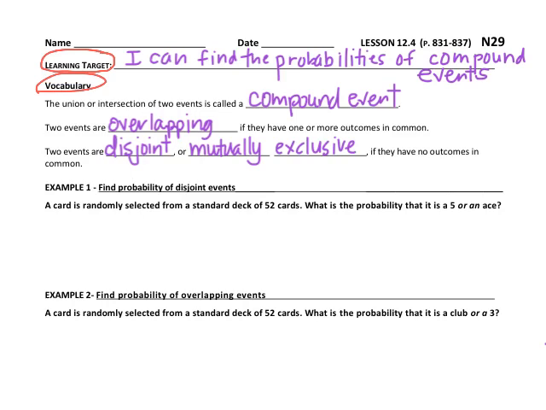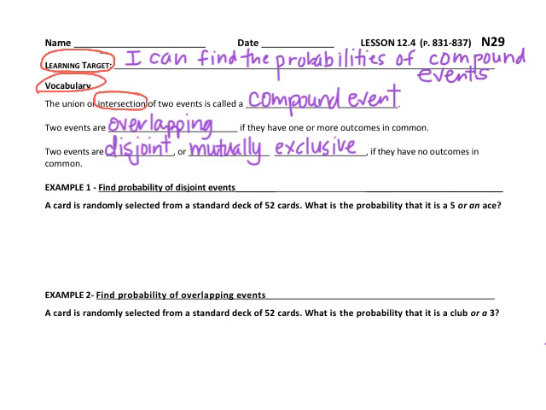So that leads us to our first vocabulary word. The union or intersection of 2 events is called a compound event. So when we have an intersection of 2 events, that means that they can cross over. You know, they have some point that they are similar.